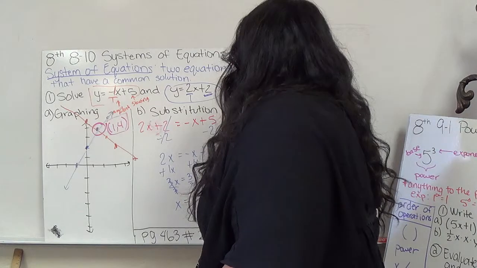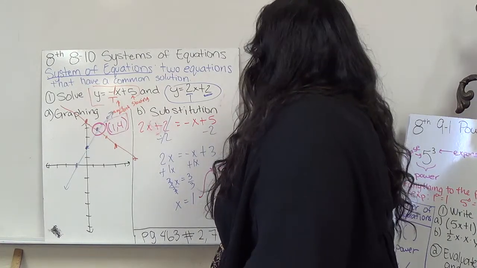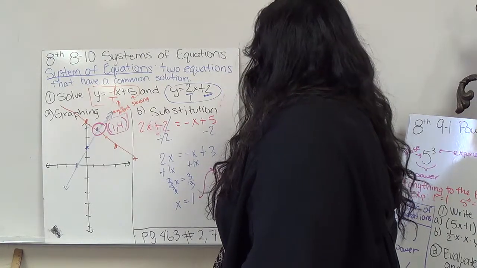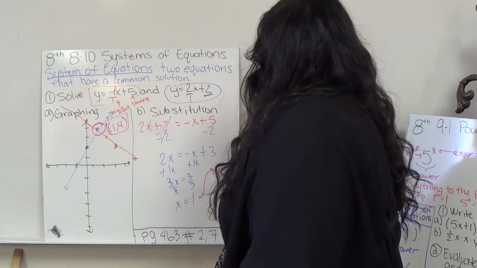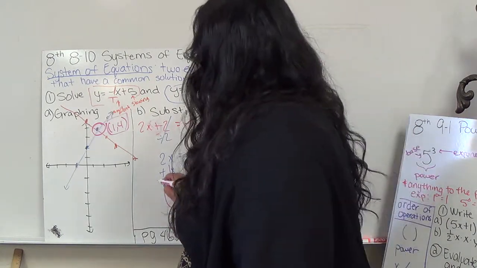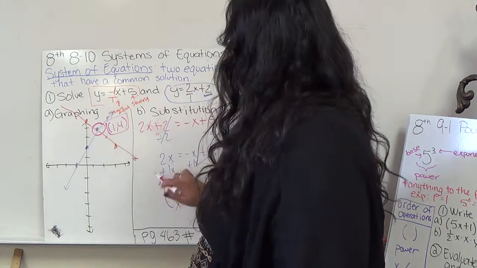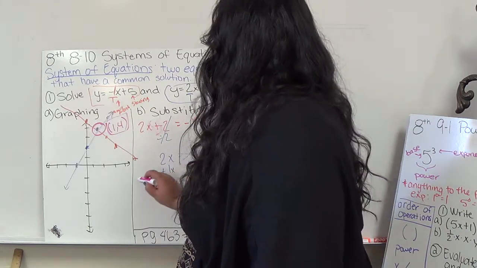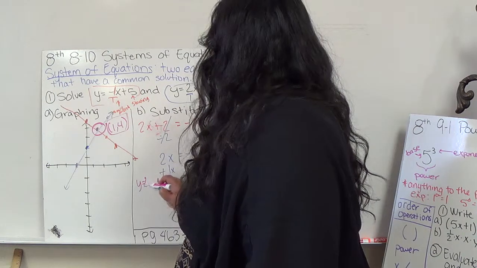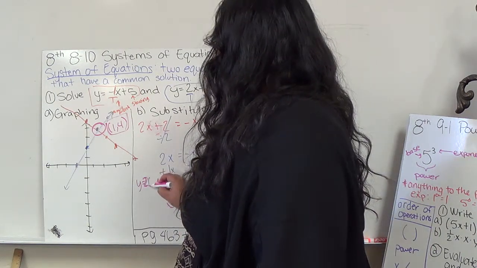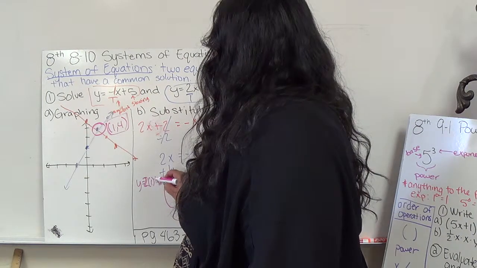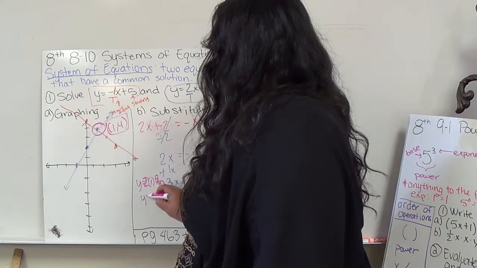Let's plug it into the first equation. y equals negative 1 plus 5. y equals 4. If I plug it into the second equation, y equals 2 times 1 plus 2, which is y equals 4.